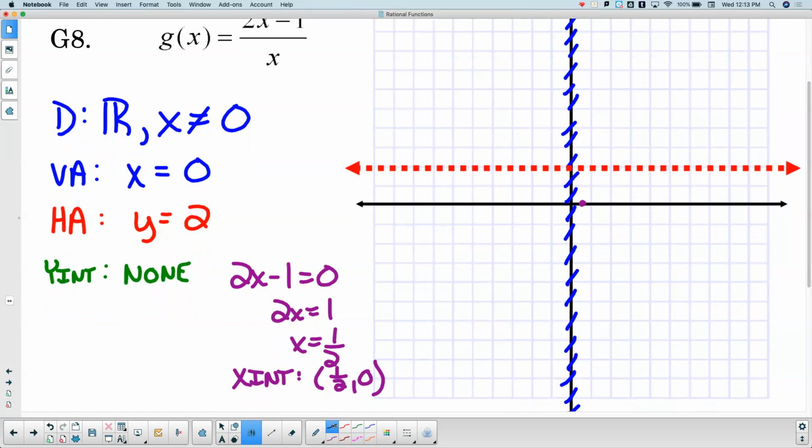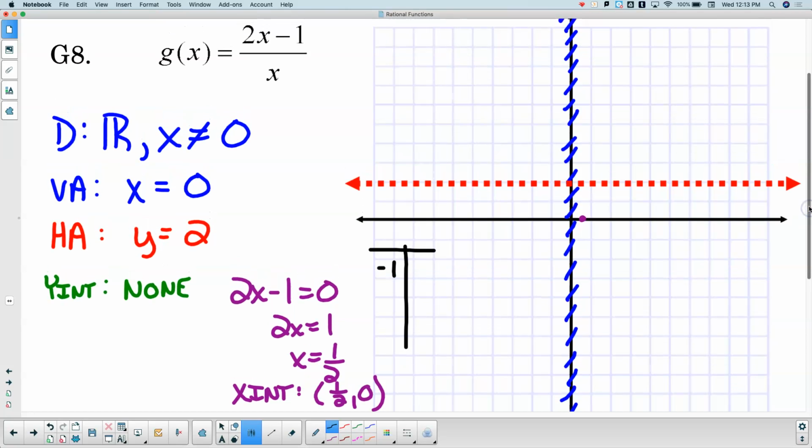So then that leaves me with points to choose from here. Let's go with, on the negative side, -1. So that's -2 minus 1 is -3 over -1, so that's 3. Then I would go -2. So that's -5 over -2, which is 2.5.